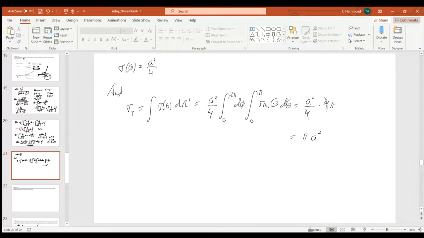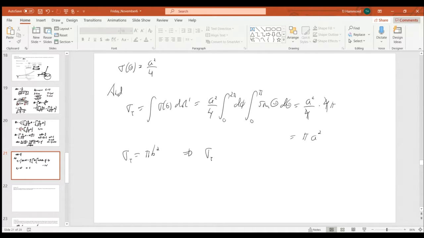Now, if you remember when we first looked at understanding the differential scattering cross section, we said the collision of two spheres has a total scattering cross section of pi b squared, because that's just going to be the area of a disk that we're scattering off of. And in this case, the maximum impact parameter we have is going to be a.